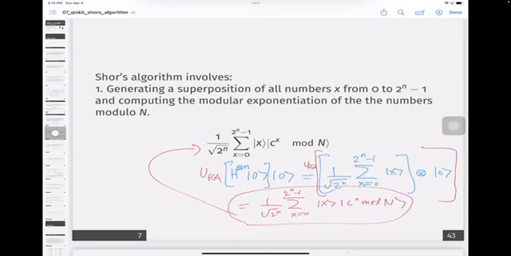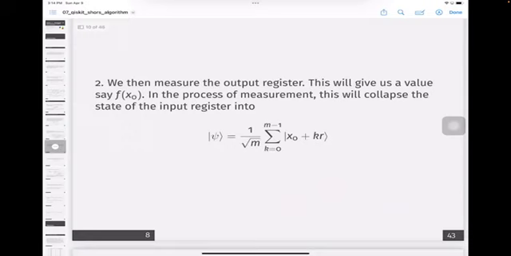Now after putting the input and output register into this superposition, the next thing we'll do is measure the output register.